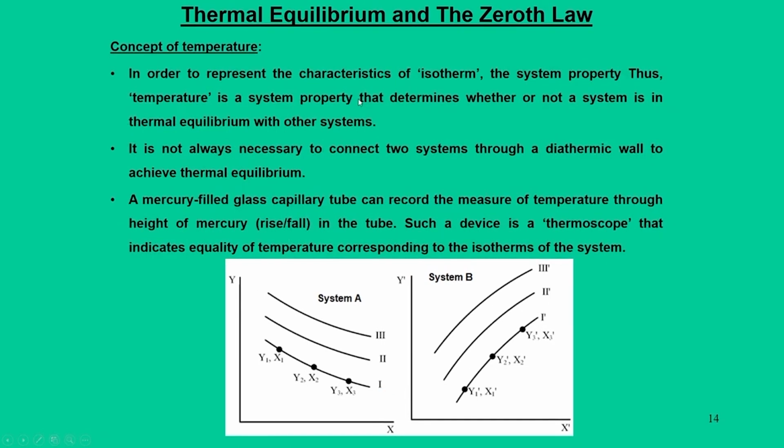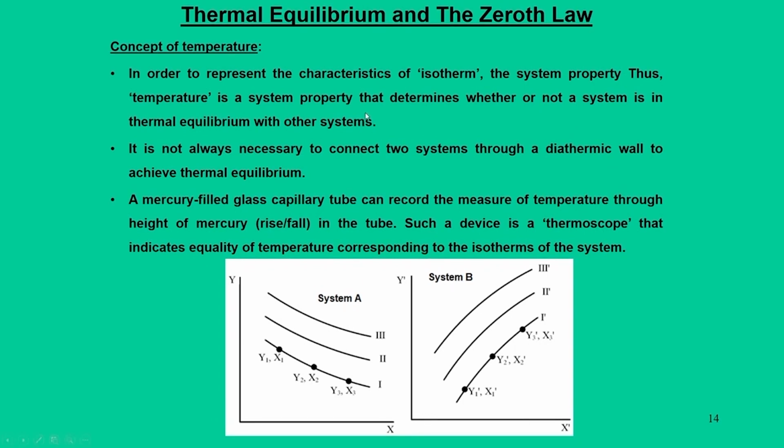So, to understand the characteristics of an isotherm, we must say that temperature is the system property that determines whether a system is in thermal equilibrium or not. That means we can quantify this temperature with some number that will tell us whether the system is in thermal equilibrium with other systems or not.